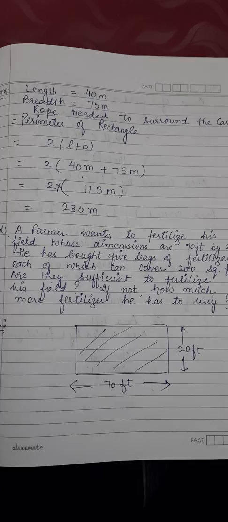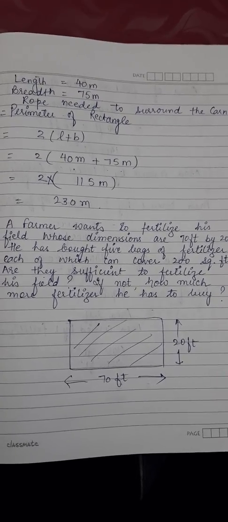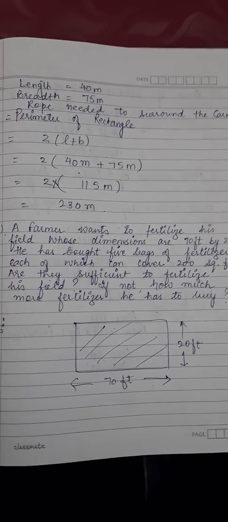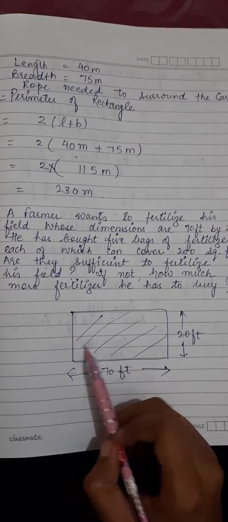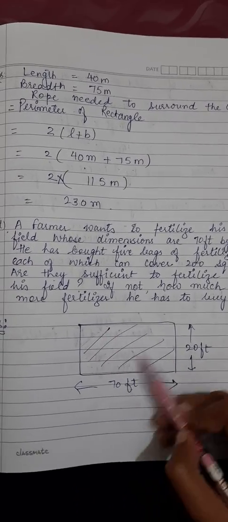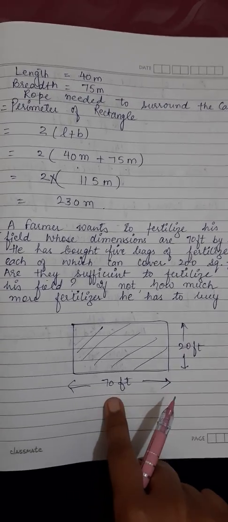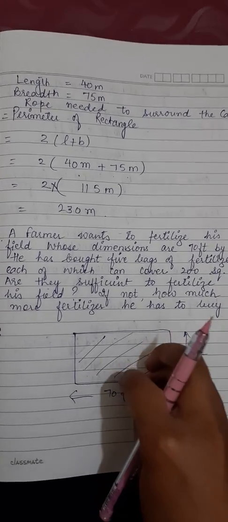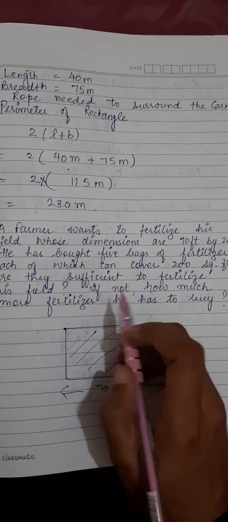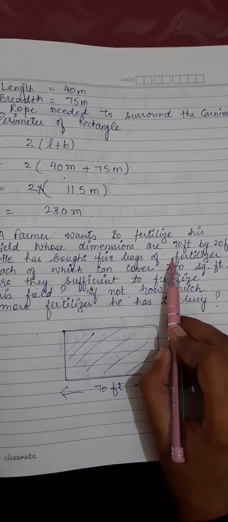A farmer wants to fertilize his field whose dimensions are 70 feet by 20 feet. Now this is the rectangular field and he wants to fertilize it. Length of this is 20 and the breadth is given to be 70. To fertilize this, he has brought 5 bags of fertilizers.